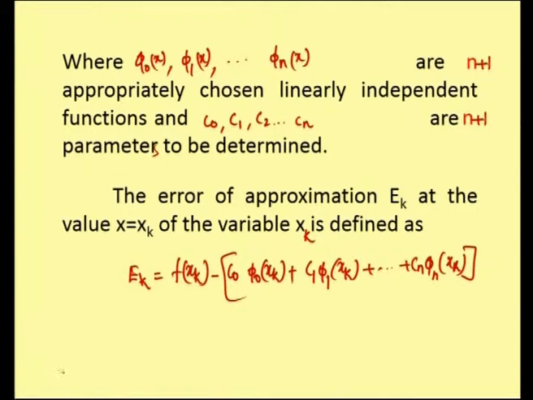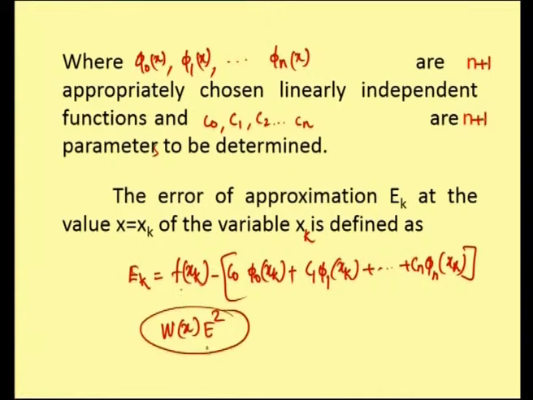The best approximation in the least square sense is defined as that for which the constants c0, c1 etc. up to cn are so determined that the aggregate of w of x into e square over a given domain D is minimum.